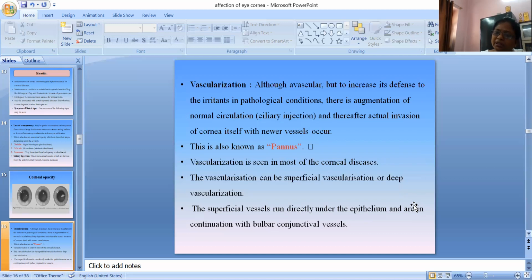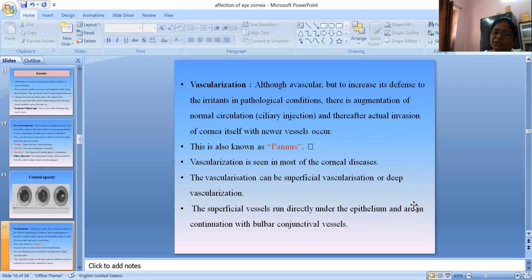During a pathological condition, it is a defense mechanism of the cornea. You can see, and those vessels come from the conjunctiva.